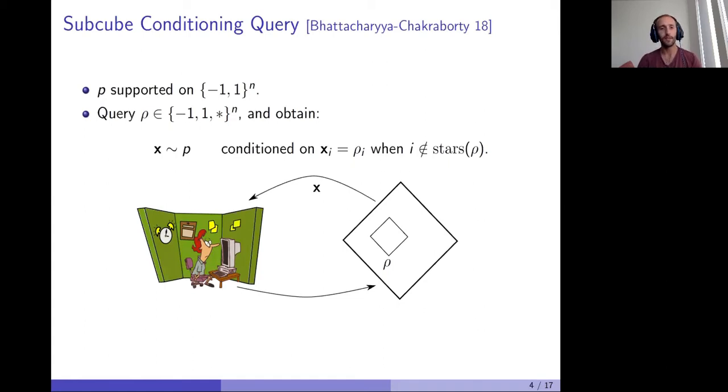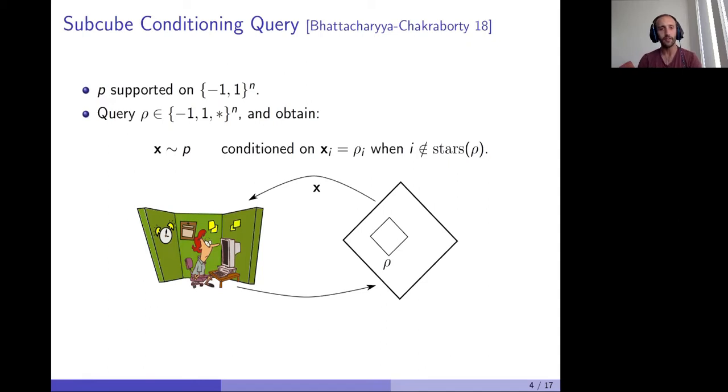Intuitively, rho specifies a subcube of the n-dimensional hypercube: the variables where rho is set to star are free, and the variables where rho is not set to star are set according to what rho specifies. So Alice submits a query rho, and that string specifies a subcube of the domain.